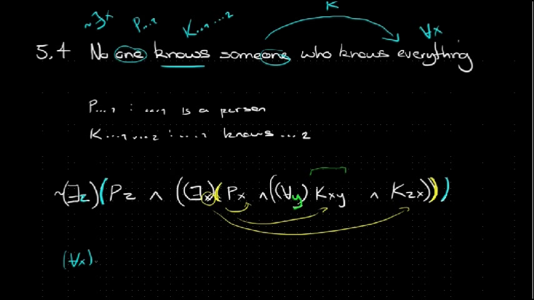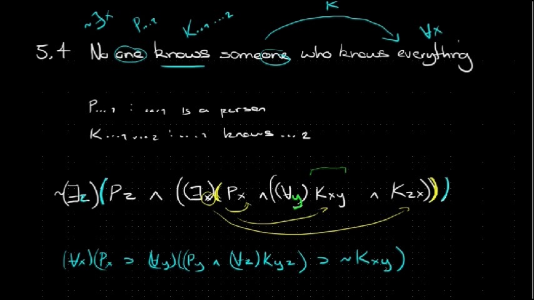Just say that every x is such that if x is a person, then for all y, if y is a person and knows everything, so that's our for all z knows yz, then x does not know y.